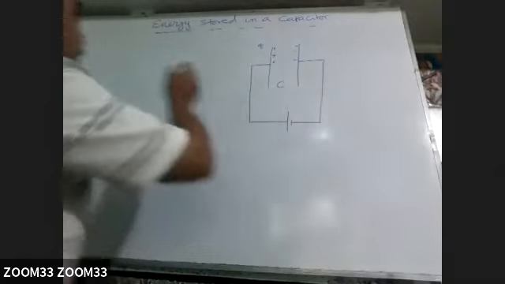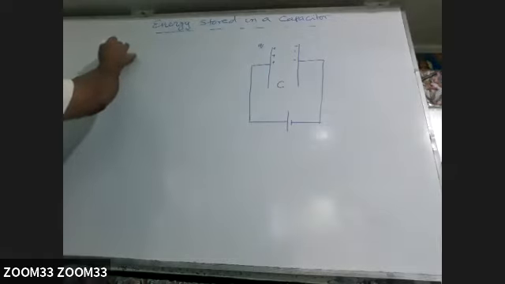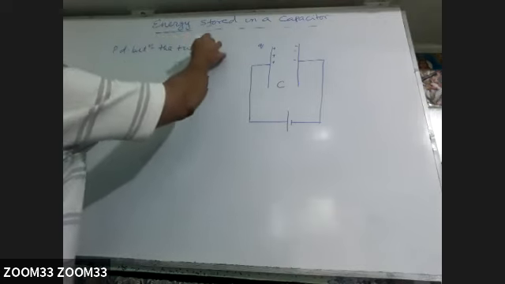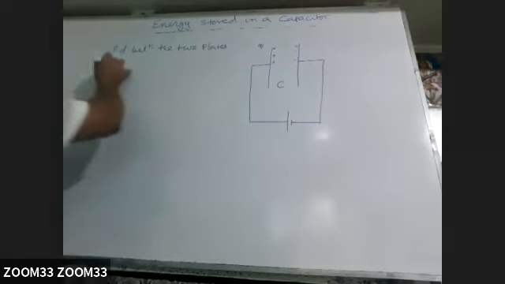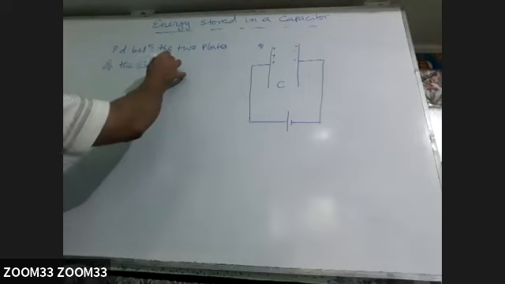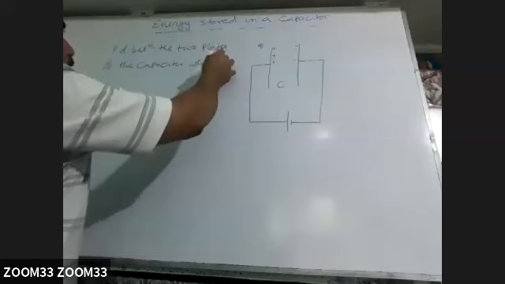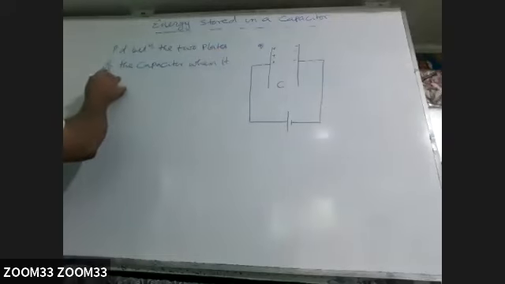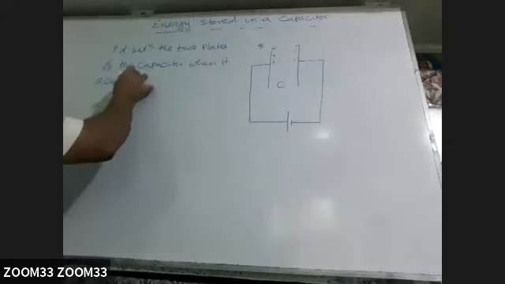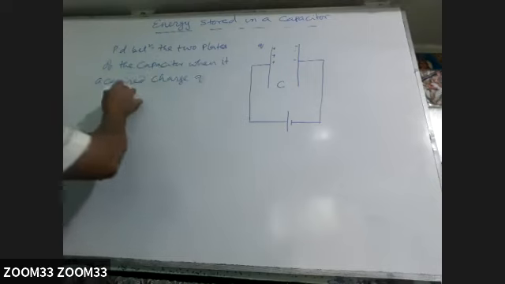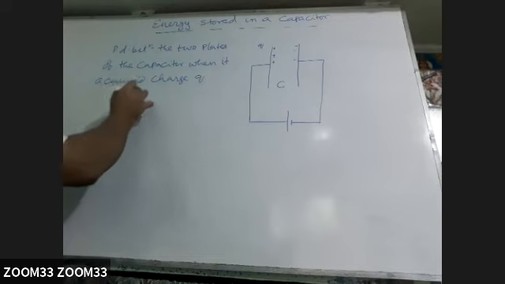Now what will be the potential difference between the two plates when it acquires charge Q?